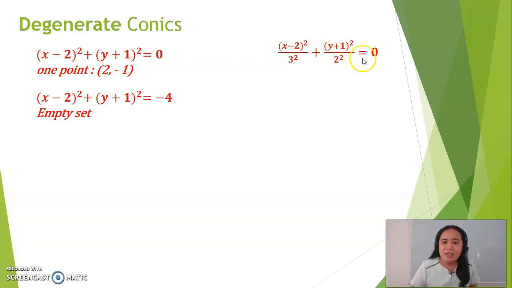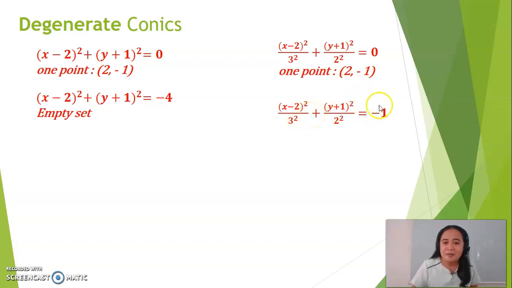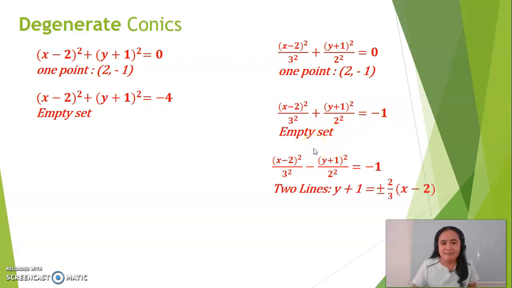But take note, it is equated to 0. So the degenerate case here is simply a point. Another example. This is still an ellipse, but take note, it is equated to negative 1. So with this, the degenerate case here is an empty set.